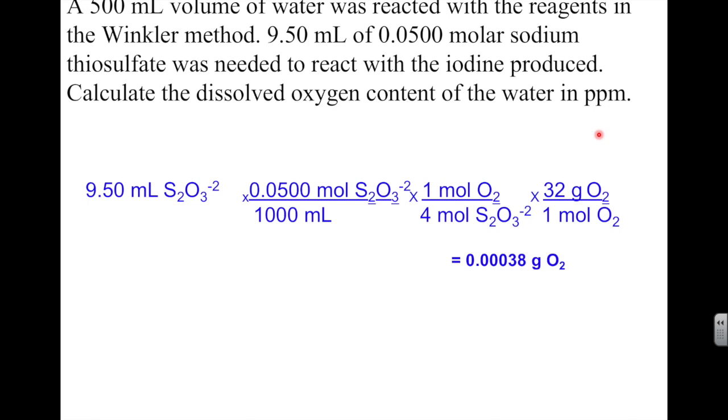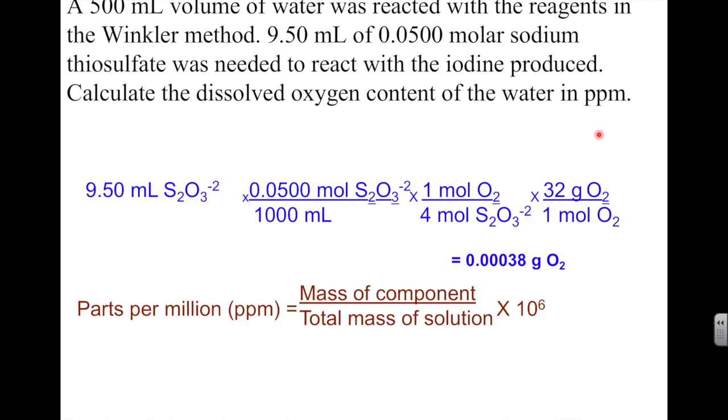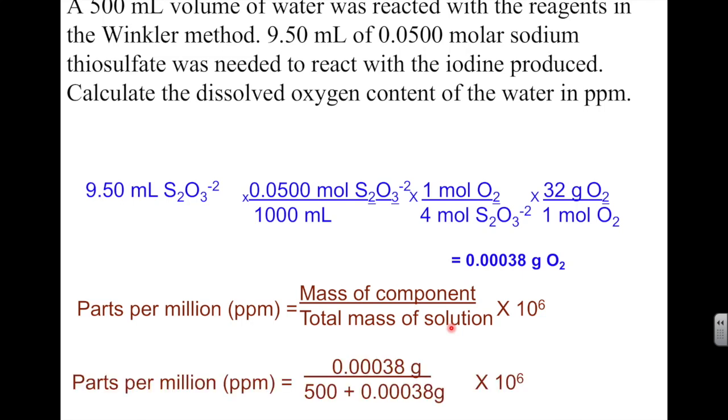So what we're going to do is take grams here, and if you remember that ppm, or parts per million, is the mass of the component, that would be oxygen in this case, divided by the total mass of solution. So ask yourself this question: what's the total mass of solution? If you said 500, you're close, okay?